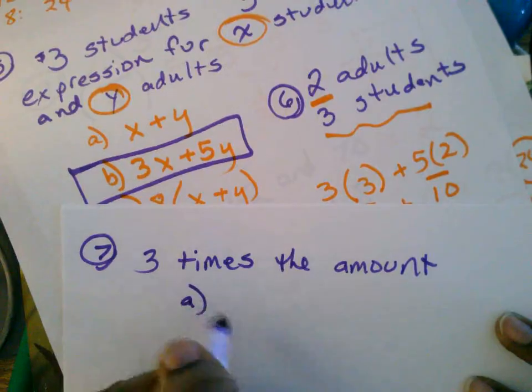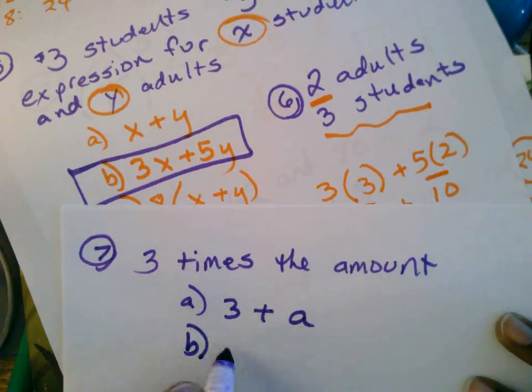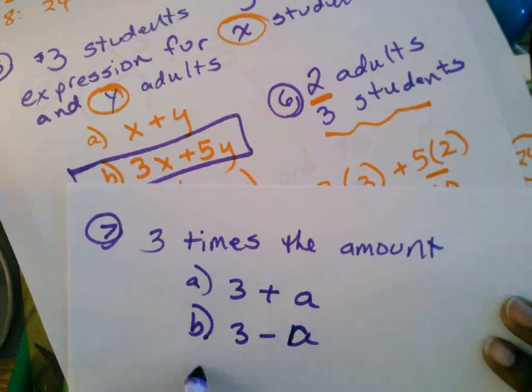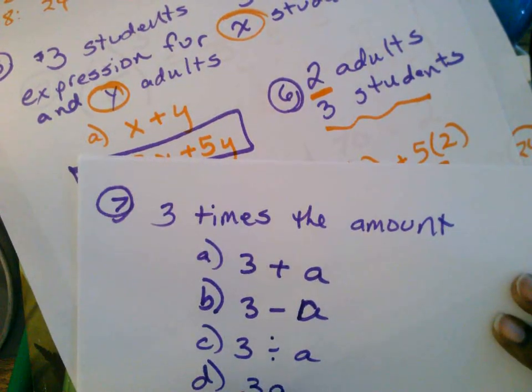Is it 3 plus A, 3 minus A, 3 divided by A, or 3A?